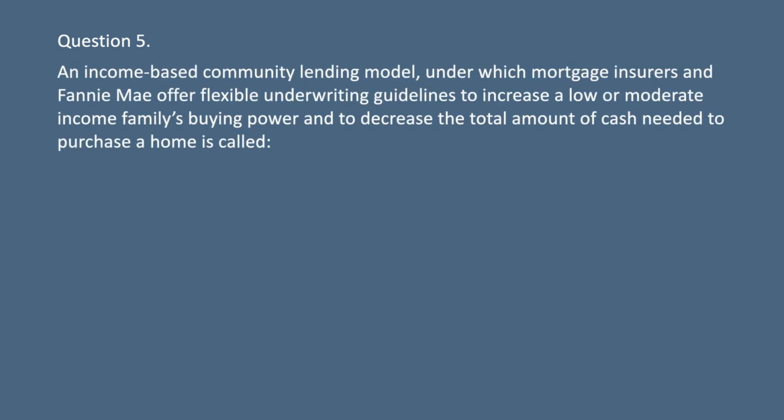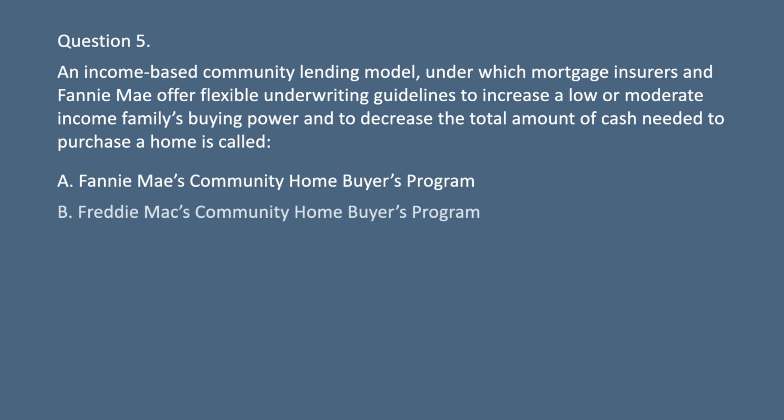Question 5. An income-based community lending model, under which mortgage insurers and Fannie Mae offer flexible underwriting guidelines to increase a low or moderate income family's buying power and to decrease the total amount of cash needed to purchase a home is called A. Fannie Mae's Community Home Buyers Program. B. Freddie Mac's Community Home Buyers Program.